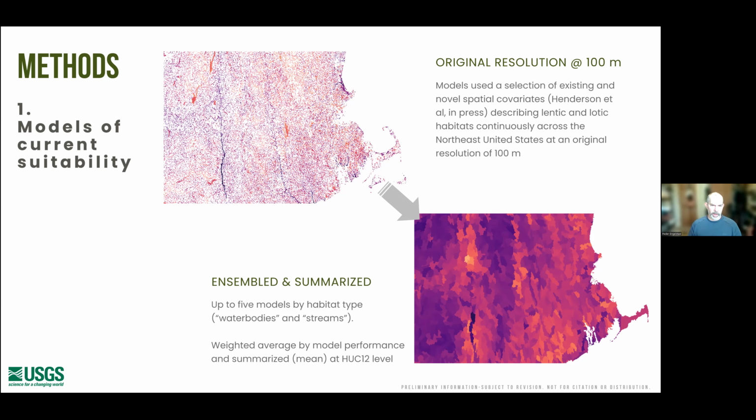These are weighted by the model performance, and then we roll those up into HUC 12 aggregates. As you'll see later, the reason we're doing that is because that's our minimum mapping unit for the pathways. So we've got to get everything on the same spatial scale so we can combine it in the end.